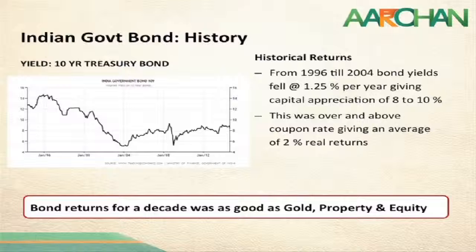So for it to happen for the next 2 years is very, very likely. Bond returns have also been very good in India, and it's a very good option in a falling interest rate scenario.